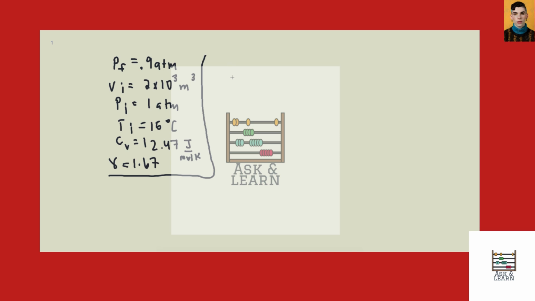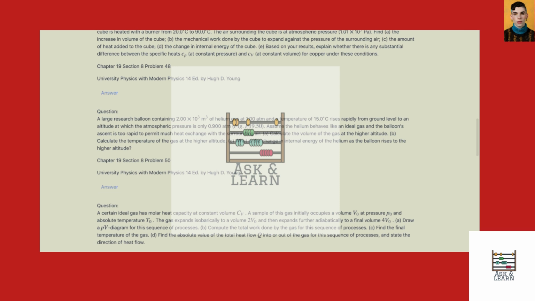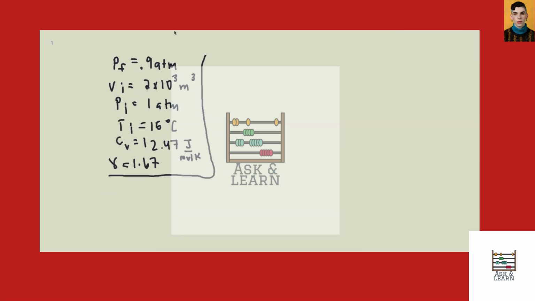Okay, so the first part asks for what? I think it asks for the final volume, right? I'm just going to double check. Yes, final volume. Okay, so to get final volume, you want to use P initial, V initial to the gamma power equals P final, V final to the gamma power, just straight from the section on adiabatic processes.